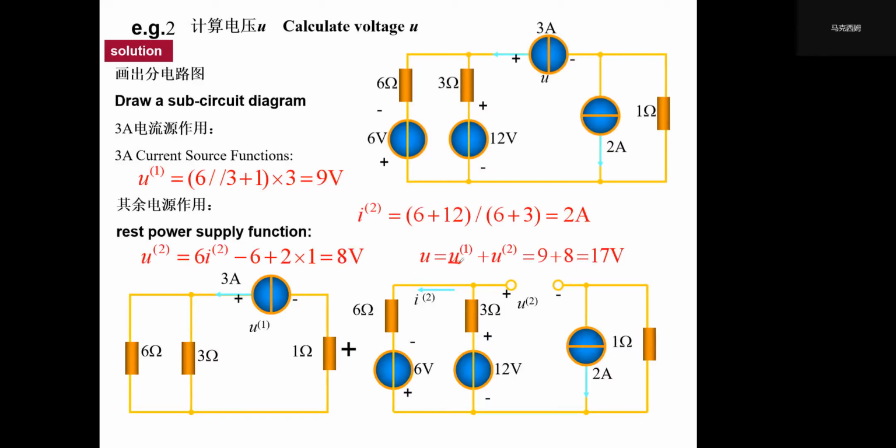So by calculating U1 and U2 separately and then combining them together, we have the final result.